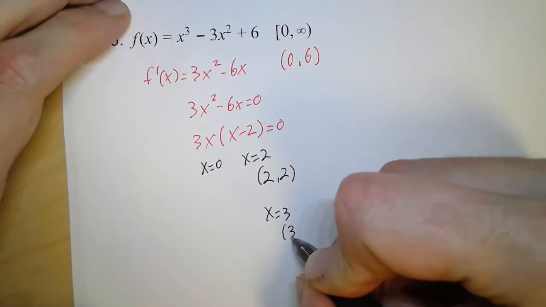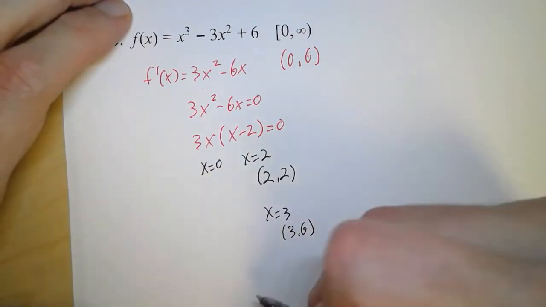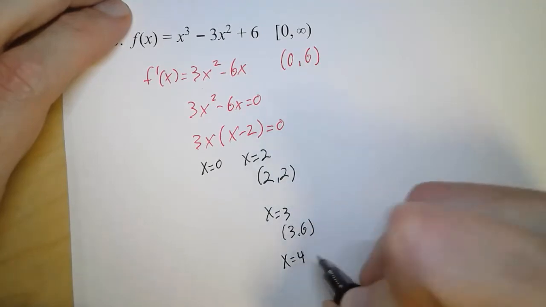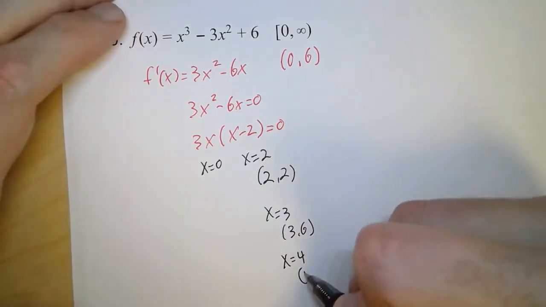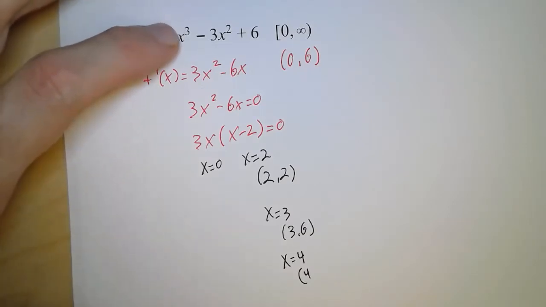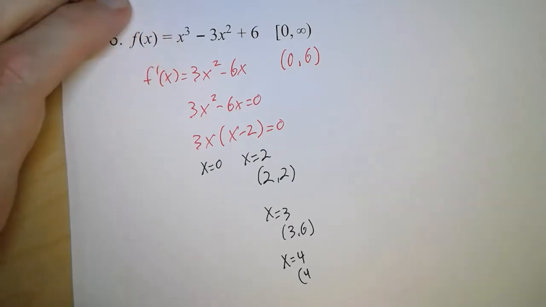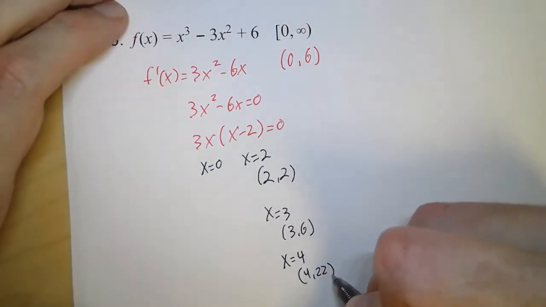So I get a value of 3 comma 6. Now that's the same value as that. What if I picked a value of 4? If I picked 4, that's going to be 64 minus 48 plus 6. So I get a value of 22.